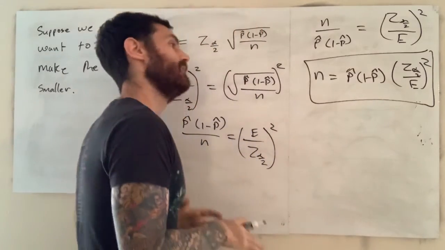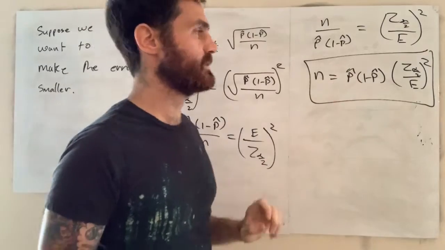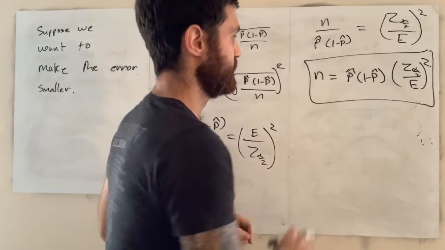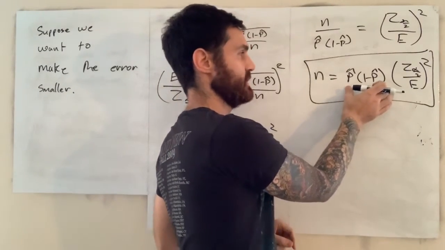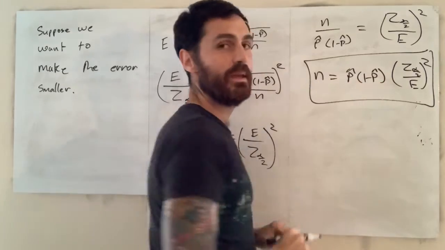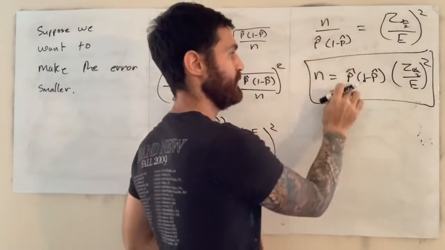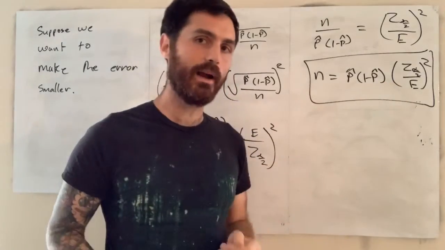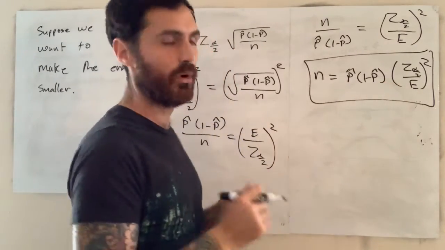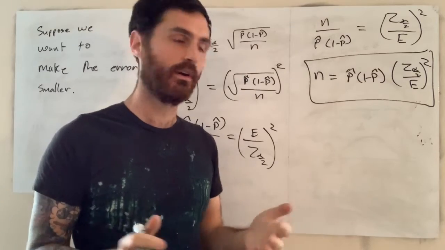And you have to use some calculus to figure that out, but I'm going to tell you that the largest this value can be is when p hat is equal to 1/2. And so if p hat is equal to 1/2, then 1 minus p hat is equal to 1/2, and when you multiply them together, you get 1/4.